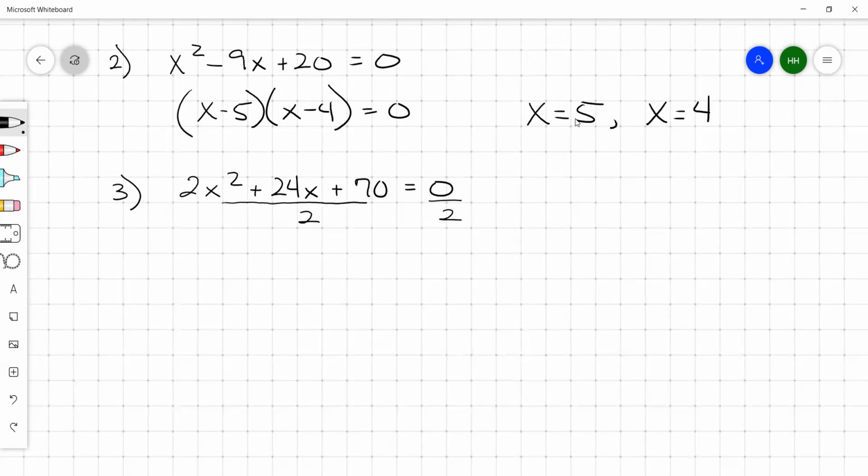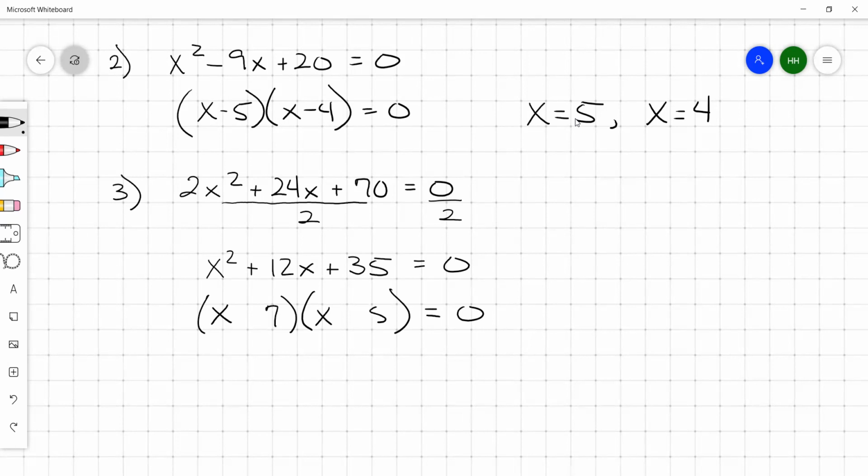And on the left-hand side, we get x squared plus 12x plus 35 equals 0. Now we can factor this trinomial. Factors of 35 that add up to 12, that's going to be 7 and 5.